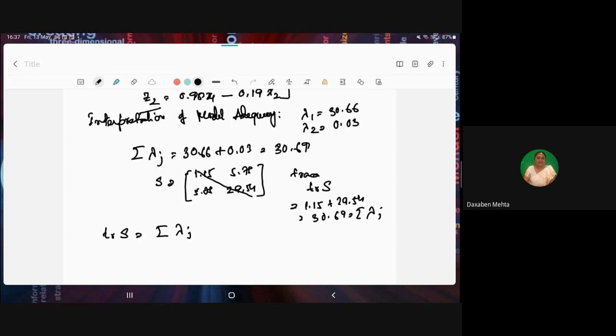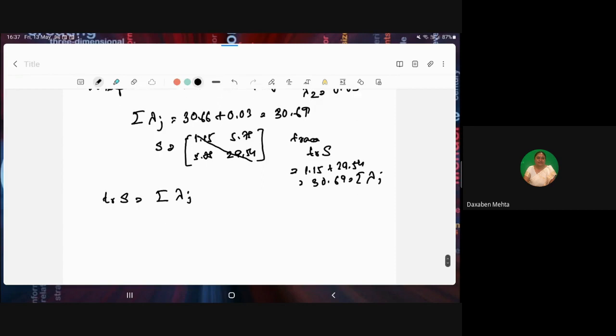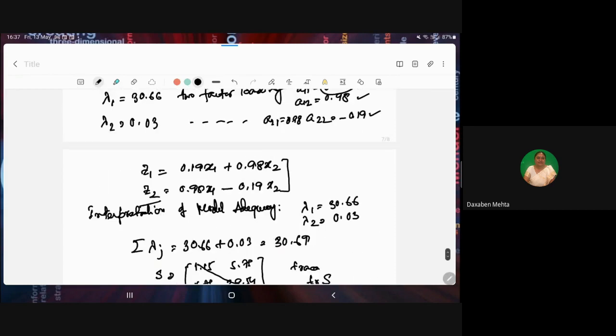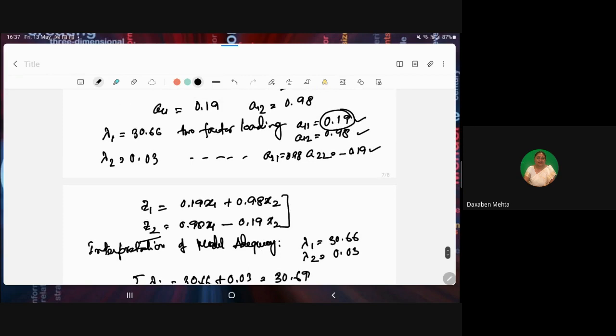So what is happening? Look, what are the first principal components we get? Look at these two values. These are the first principal components, 0.19 and 0.98.